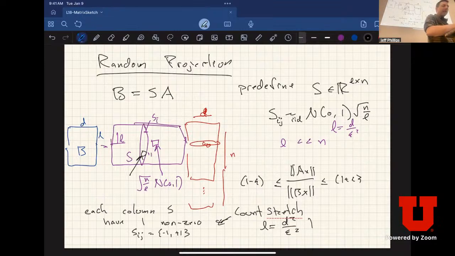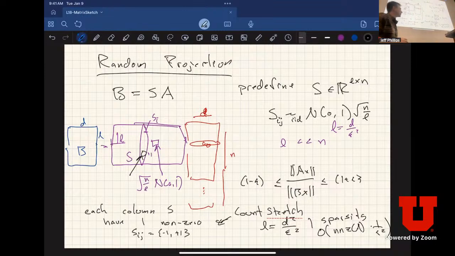But I have sparsity, and so the runtime is basically going to be the number of non-zeros of A times 1 over epsilon squared. So I'm getting a much faster runtime, and this count sketch version is very fast.